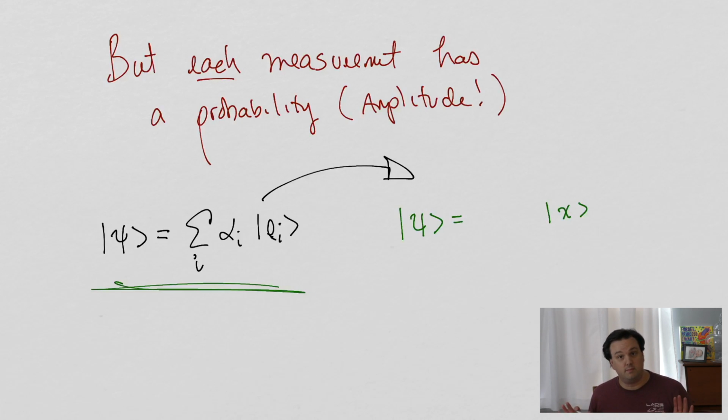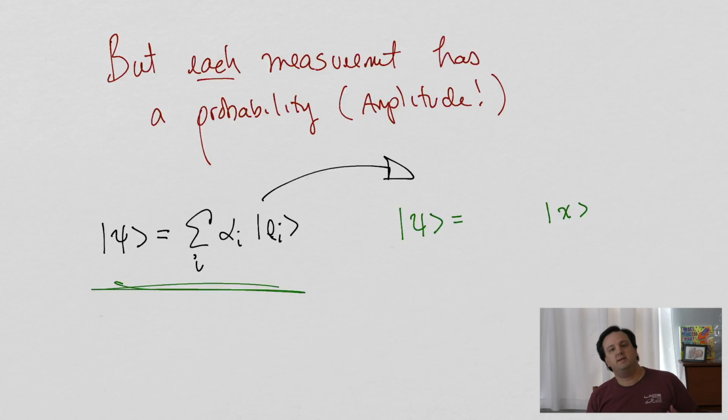That's no problem. The problem is that before I was able to line up all of these states from 1 to n, and I could sum over them, but here I can't do that, because my states aren't countable. I can't say a sum of i equals 1 to infinity even, or minus infinity. I can't do that sum anymore.